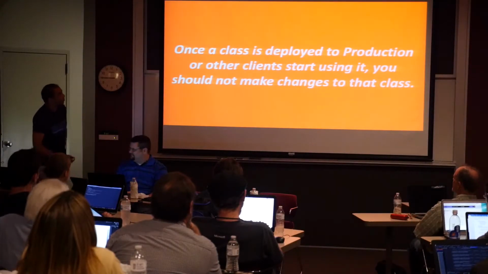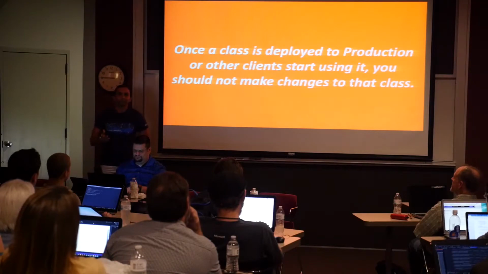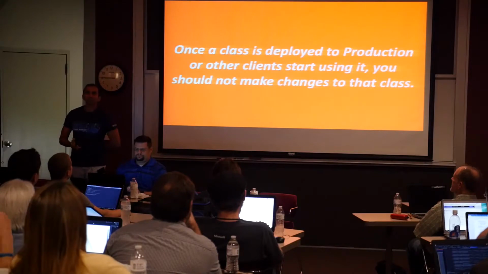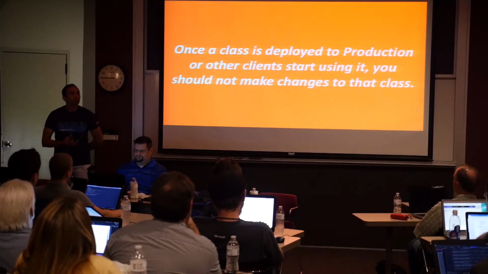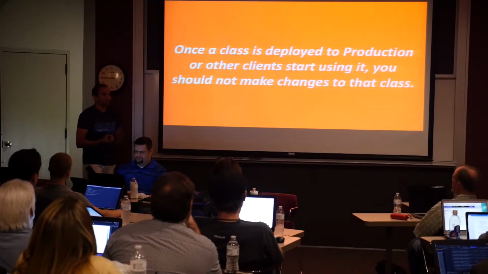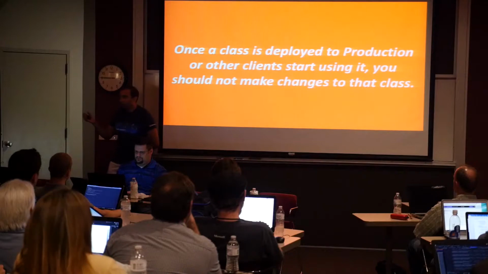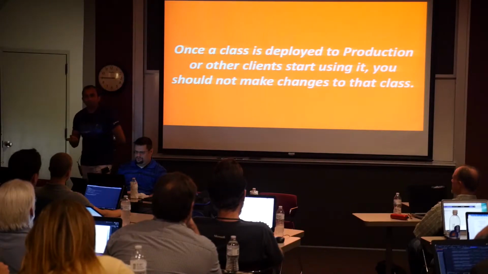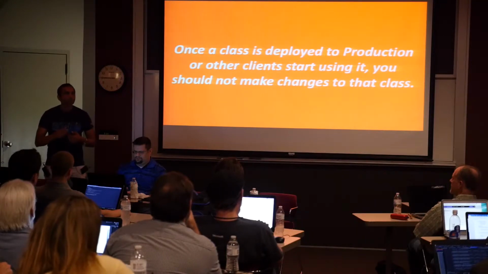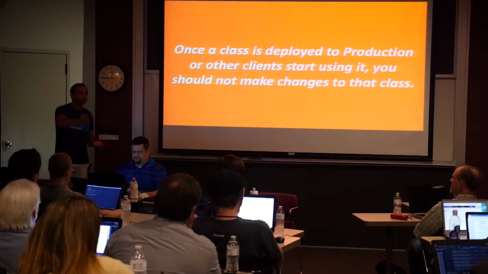Okay. So once a class is deployed to production, or say you have clients which have started using your service or your application, do not make changes to that class. That's what the open and closed principle says, because for your client, even if you might interpret a 2-line change as a modification to your existing code, for them it's a new requirement which they are providing to you.